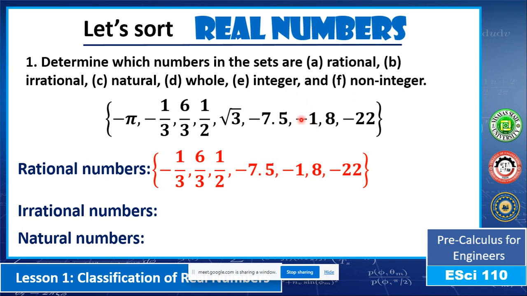Of course, this is a rational number, specifically an integer. How about 8? Of course, this is a positive integer, a part of the rational numbers. And then finally, negative 22 is a negative integer, which is part of the rational numbers. So nagets ra class? Are you still following me?